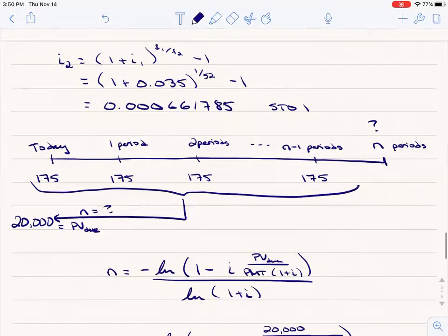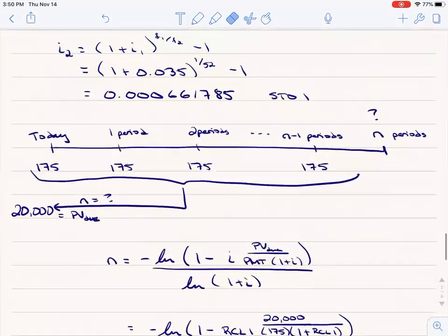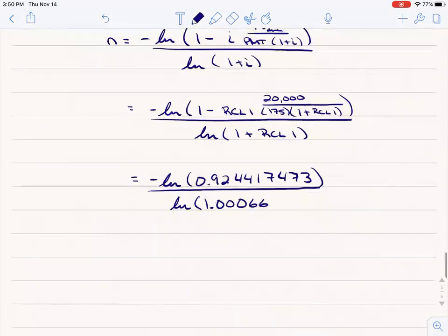Oh, never mind. Wrong number. 12306611785. You'll see why I mucked up in just a second.